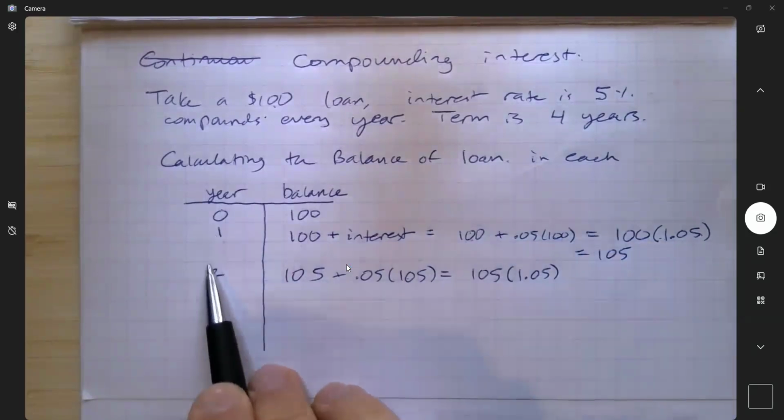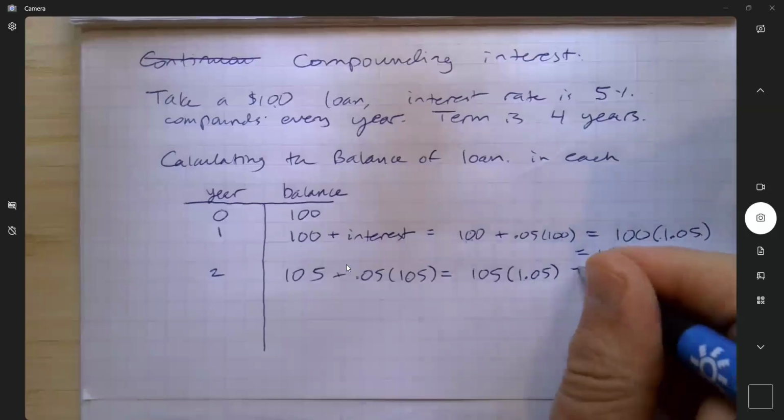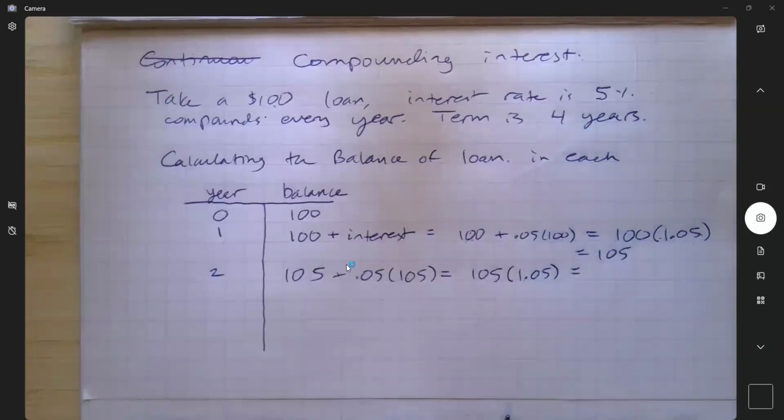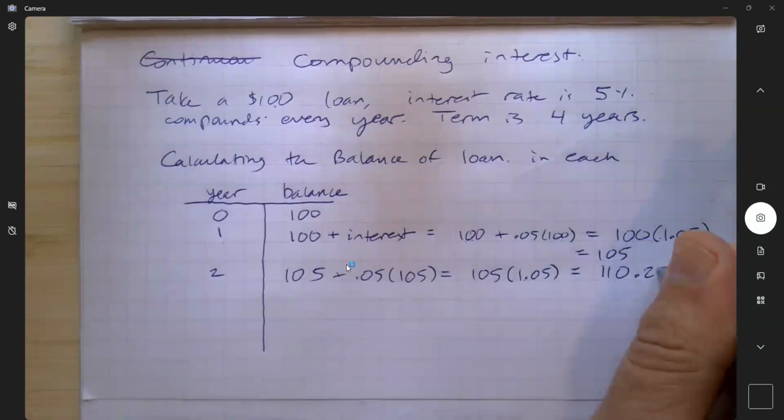And as I move from year 1 to year 2, I multiply by 1.05 again. Desmos will tell me what that number is. And it is 110.25.